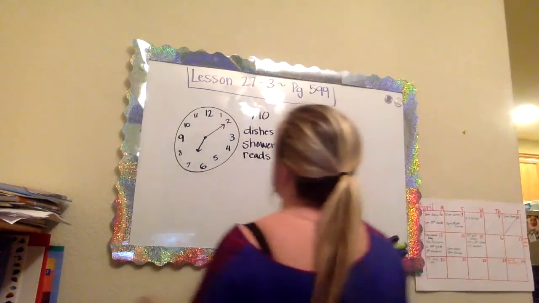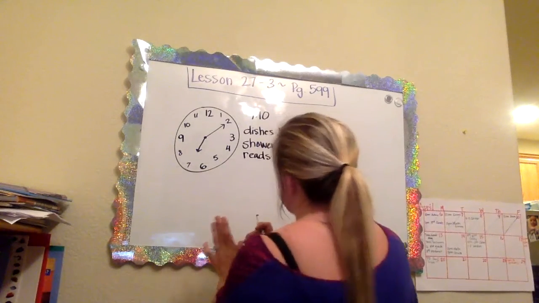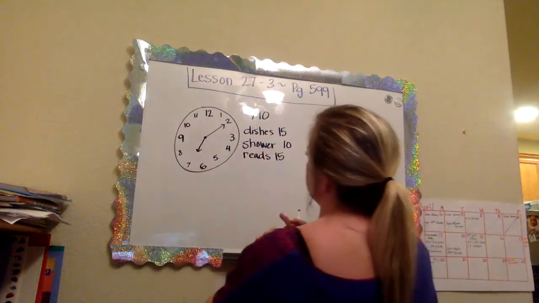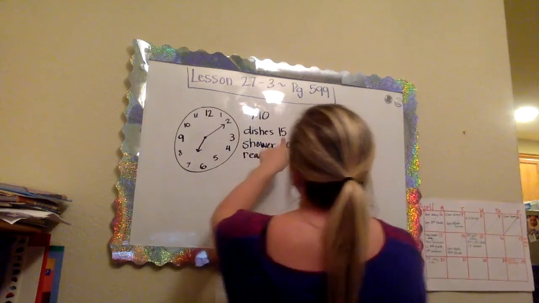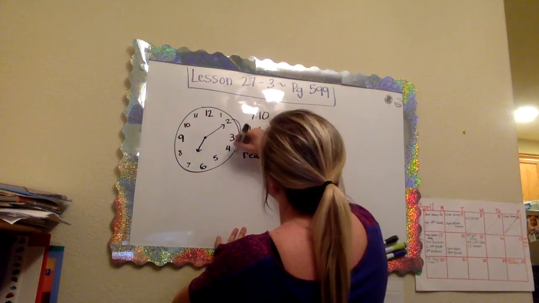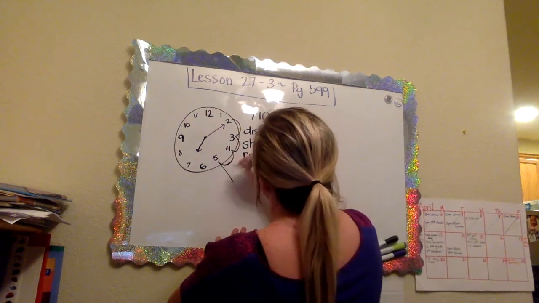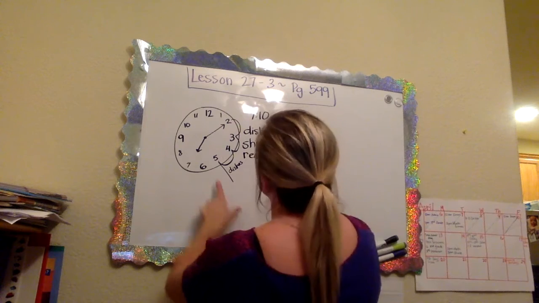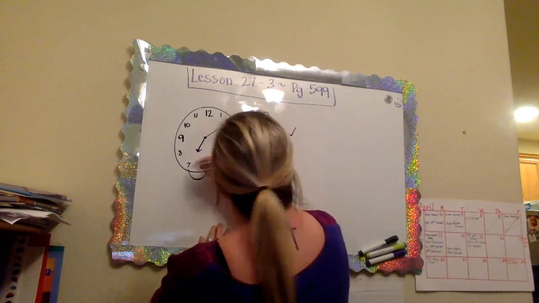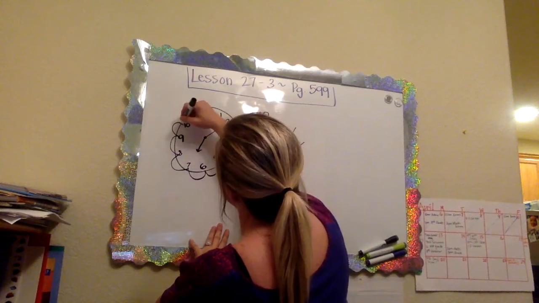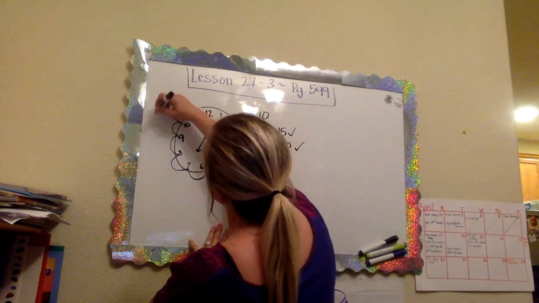So now we're trying to find the end time. We're not looking for how much time has passed with all this. We're looking for the end time. So it's 7:10. I'm going to jump 15 minutes, 5, 10, 15. This is his dishes. Done. Shower, 5, 10. Done. Reads for 15, 5, 10, 15. So this is where he stops.